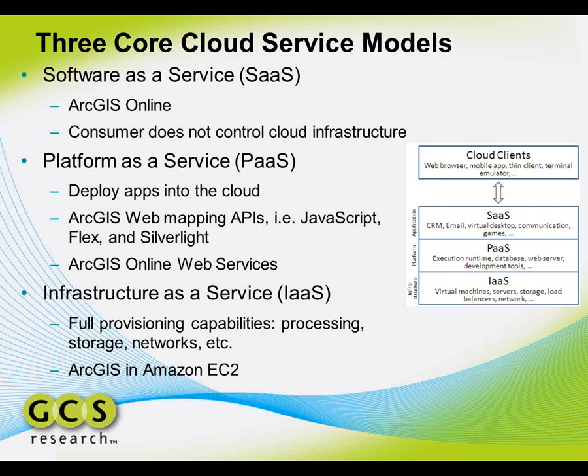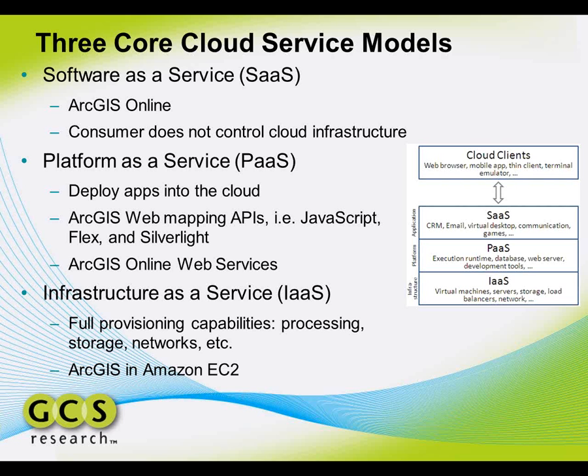Platform as a service is, if you look at ESRI technology, these APIs that they host in their cloud that you can use. So the JavaScript APIs, the Flex, the Silverlight, but also the Google API, the Microsoft mapping API. ArcGIS Online web services are also web services that application developers can hook into. That's considered platform as a service.